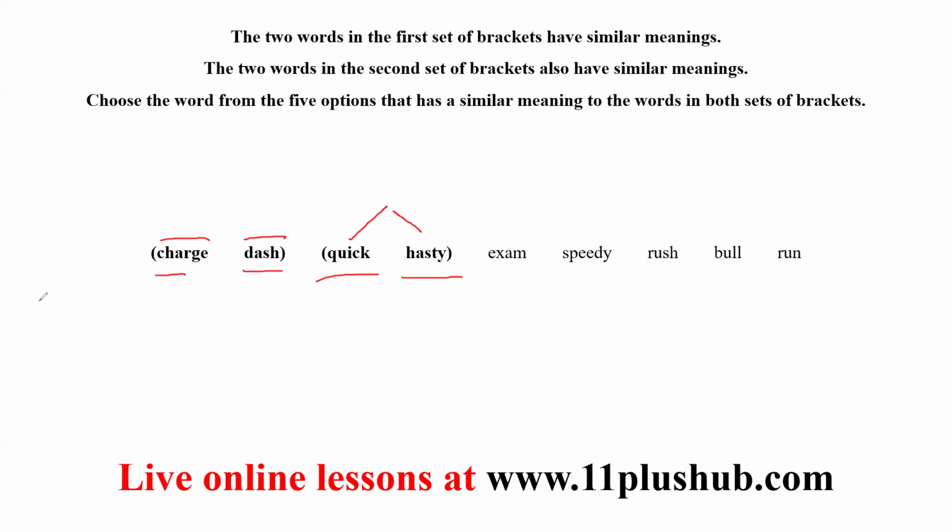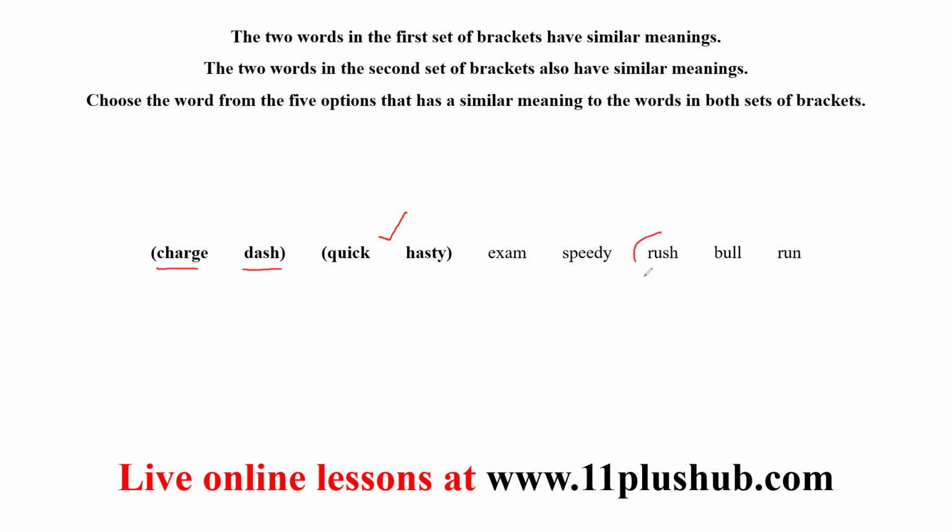Whereas the word rush means to act quickly. Like if you were rushing your schoolwork, it means to do it very quickly. So it definitely works for the second set of brackets. But also, rush means to lunge forwards. If we said an animal rushed towards us, it has a very similar meaning to charge and dash.